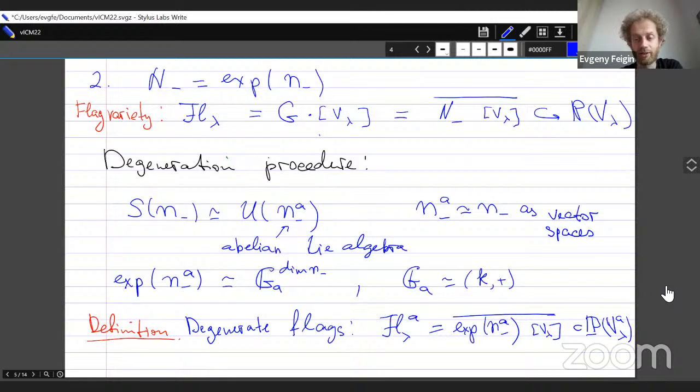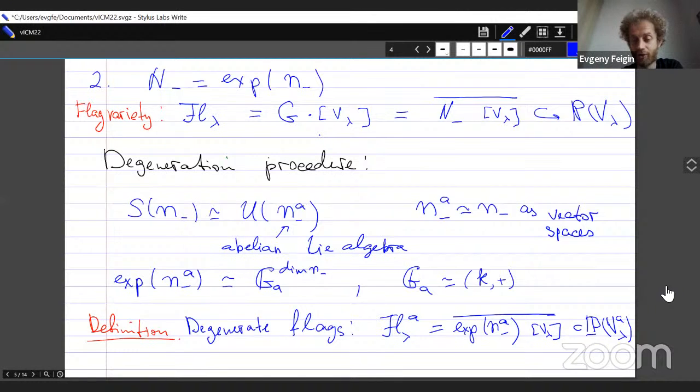So this is an abelian Lie algebra with the underlying vector space being n minus. And then, of course, it has a Lie group. The corresponding Lie group is just the product of several copies of the additive group of the field. This is denoted by GA to the dimension of n minus.